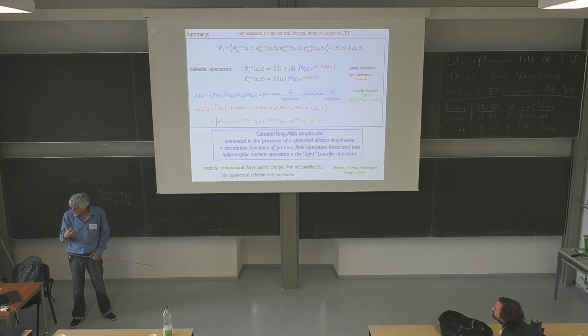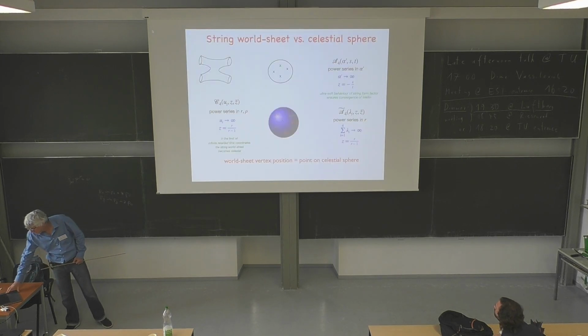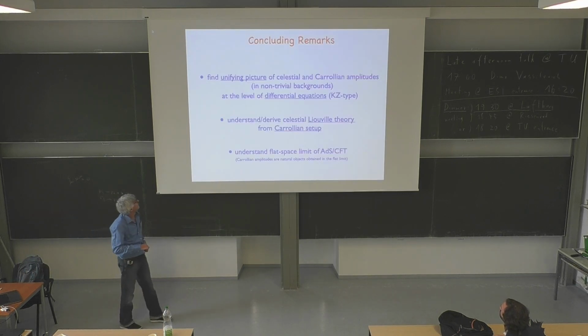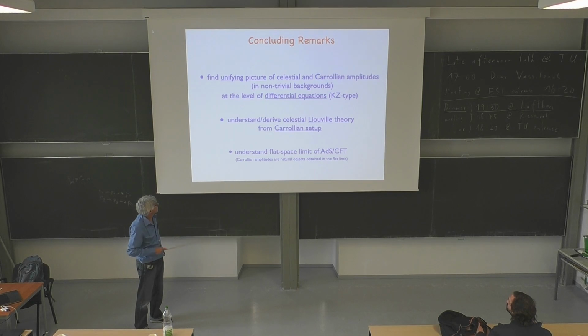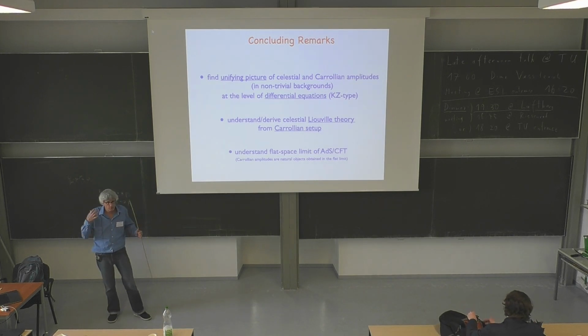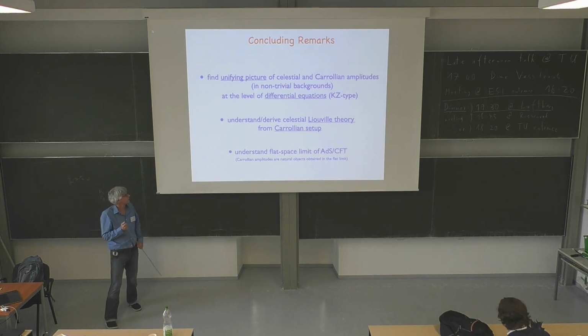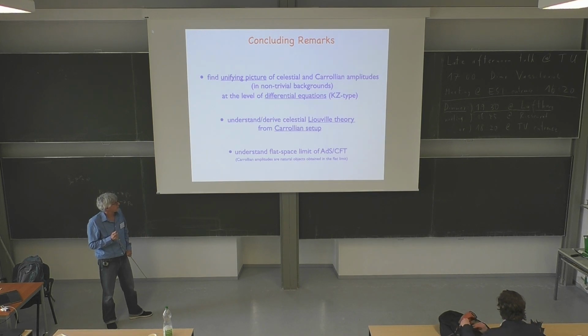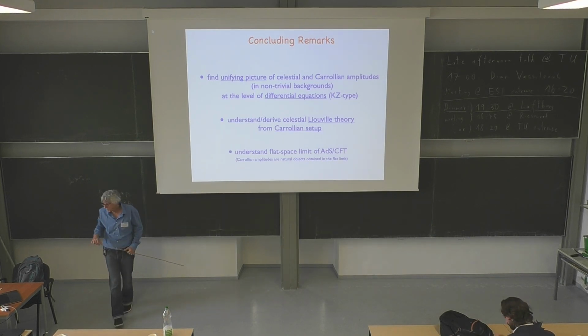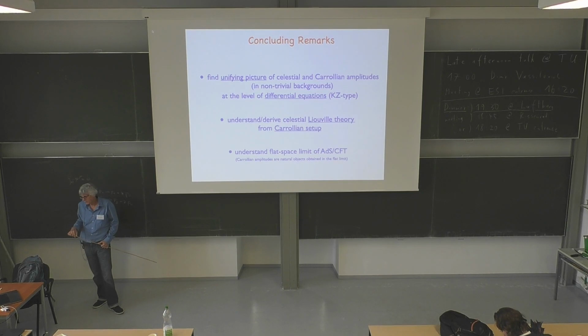So in principle, it should be possible to do the same steps as before, and find some non-trivial KZ equation in Carrollian coordinates, and then interpret or embed these Carrollian amplitudes in some background, which might give a better explanation of why this Liouville theory. So we might understand this Liouville theory better from the Carrollian setup.